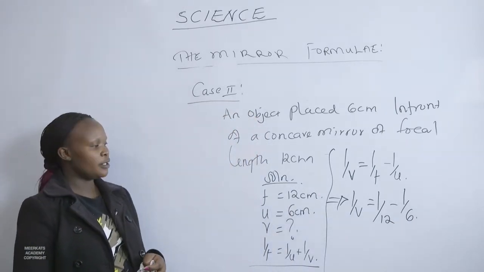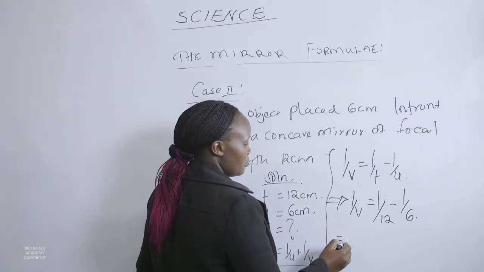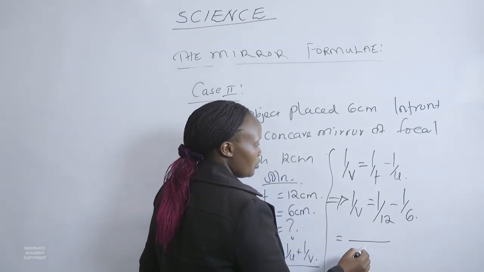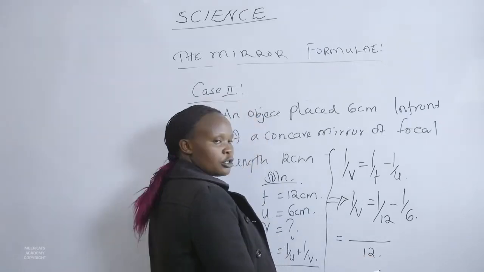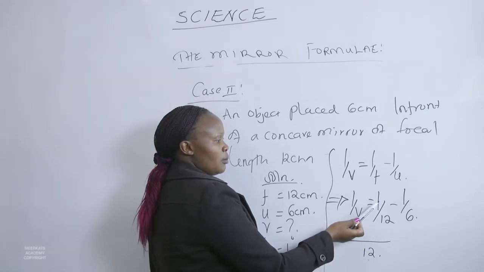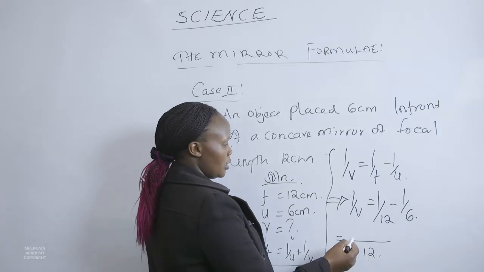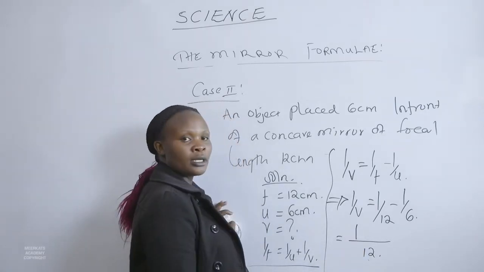Get the LCM, which is going to be 12. 12 divided by 12 is 1, multiplied by 1 gives us 1.